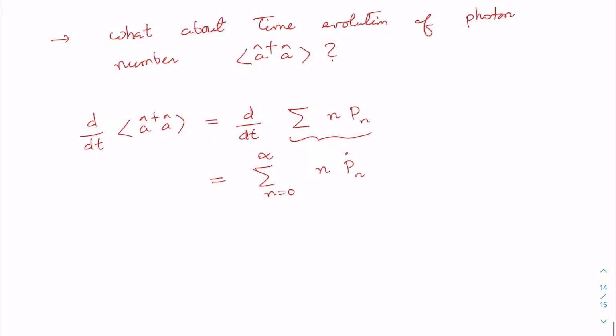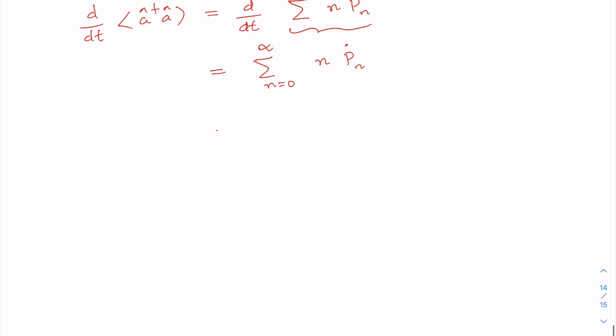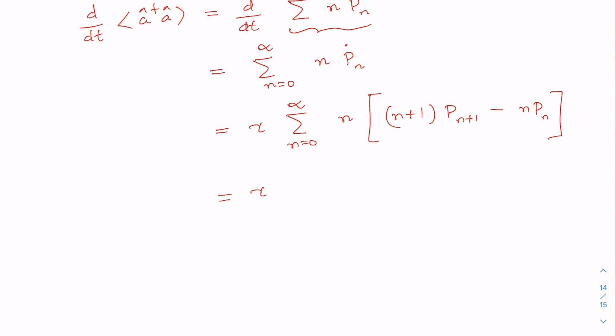Okay, and already we know the expression of Pn dot, so using that equation we can write the sum from n equal to 0 to infinity, and we'll have n times Pn dot, which is gamma times n plus 1 Pn plus 1 minus n Pn. You see what I have here, nPn is there, and here the suffix is n, while here it is n plus 1.